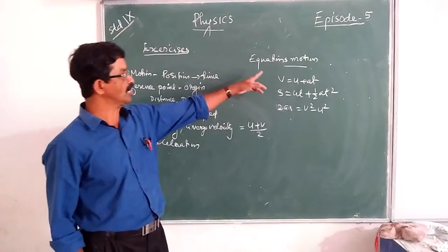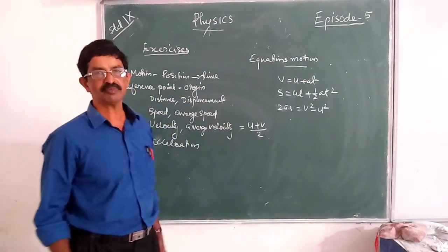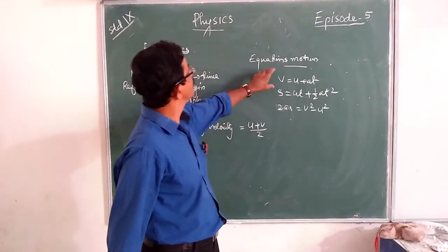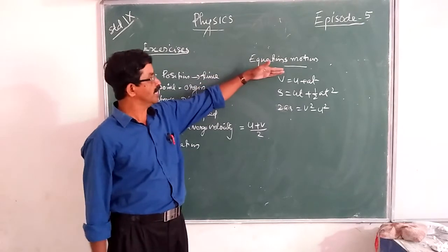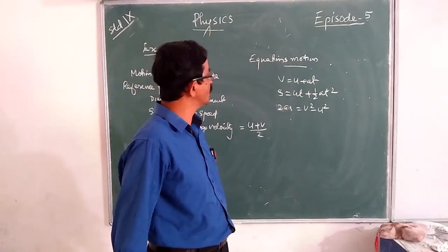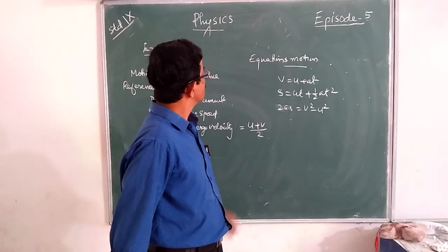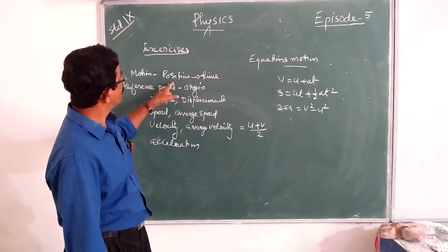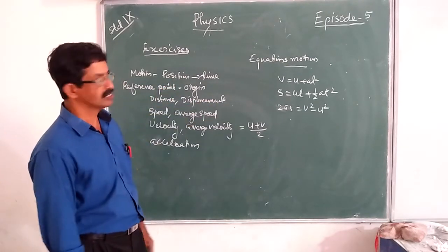These equations we got from the graph, and the area under the velocity-time graph represents displacement. These are the points.